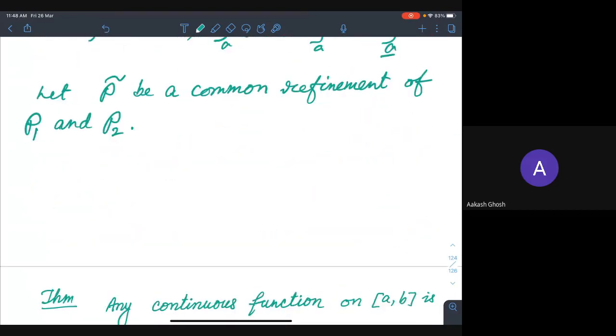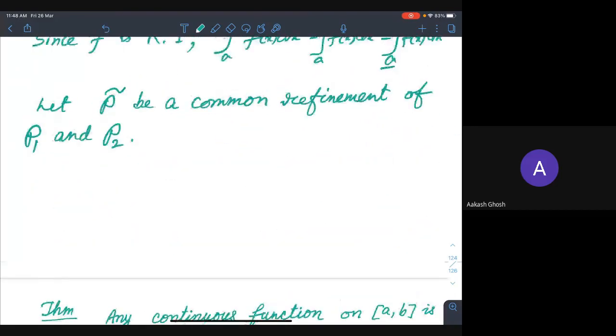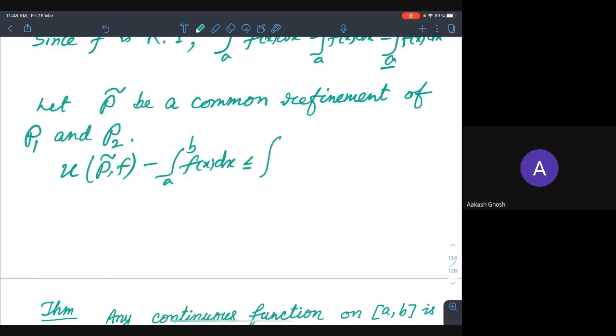So what we get is U(P tilde, f) minus the integral from a to b of f(x) dx is less than or equal to U(P1, f) minus the integral from a to b of f(x) dx, which is less than epsilon by 2. This is 5.